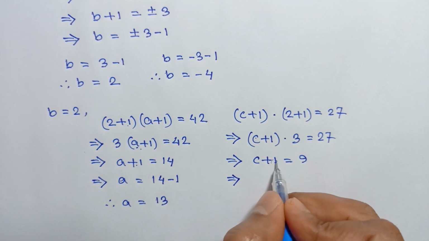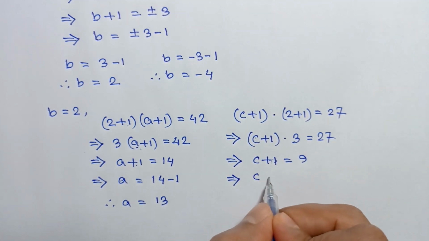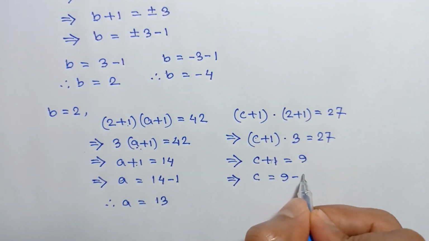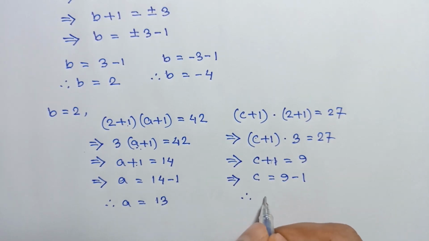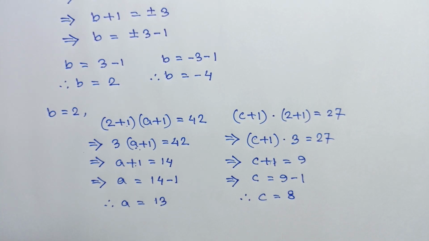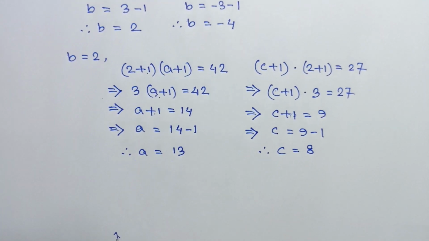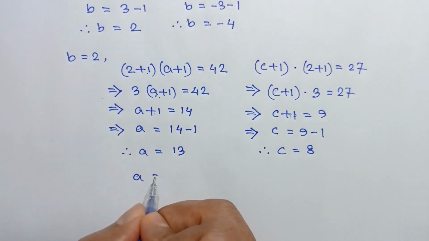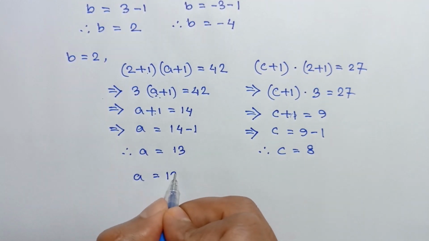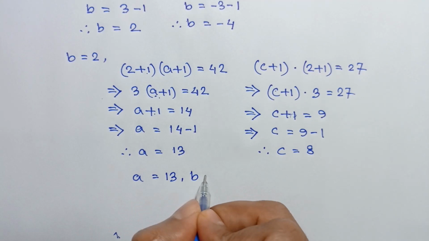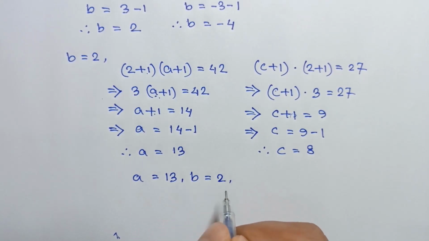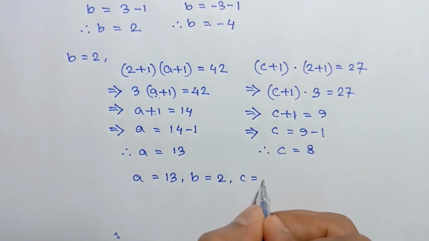Taking this 1 to the right side, we will have c = 9 - 1. So the value of c = 9 - 1 = 8. So from here we have found a = 13, b = 2, and c = 8.